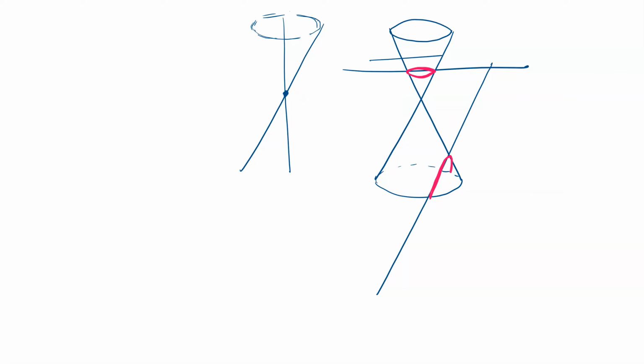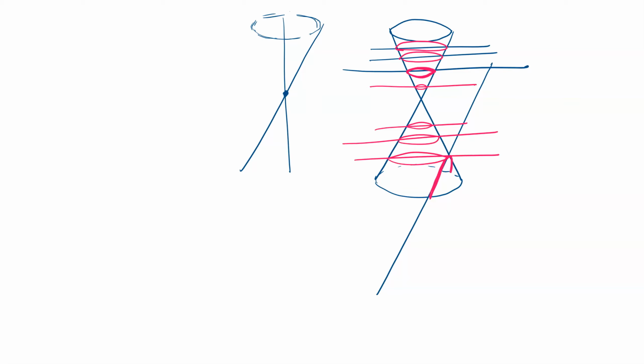If I chop higher on the cone, you'll get a bigger and bigger circle. If I chop lower, that circle's going to get smaller, and vice versa for the bottom.